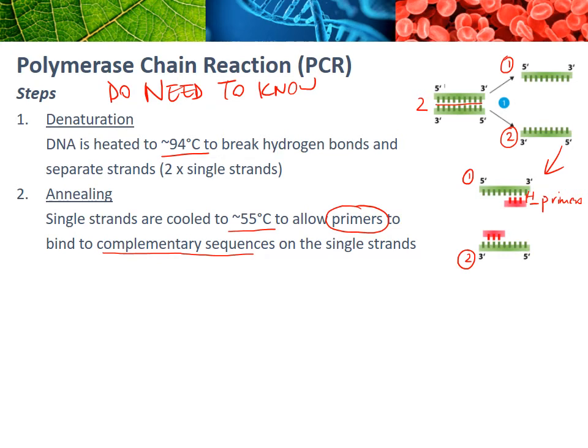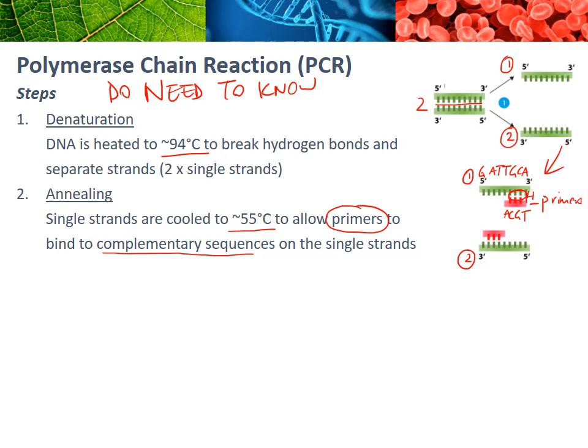The primers, like I said, are built specifically for whatever this DNA sequence is. So let's imagine that we know that this is our DNA sequence of the starting bit of our gene. This primer will be complementary to that. So we'll have T, G, C, A. That will bind here, and that will basically tell Taq polymerase where to start building from.